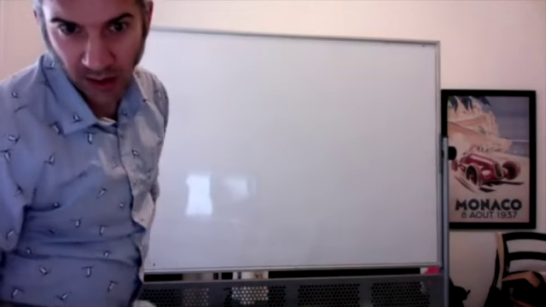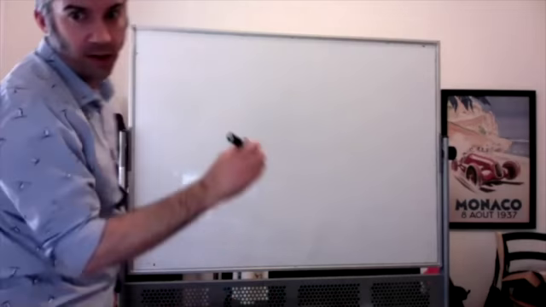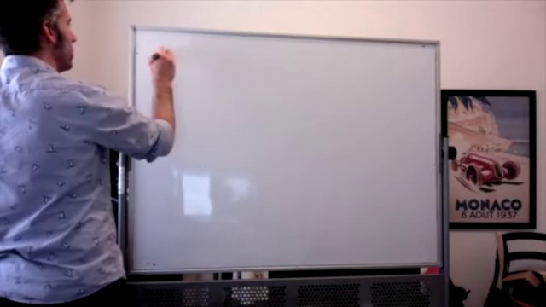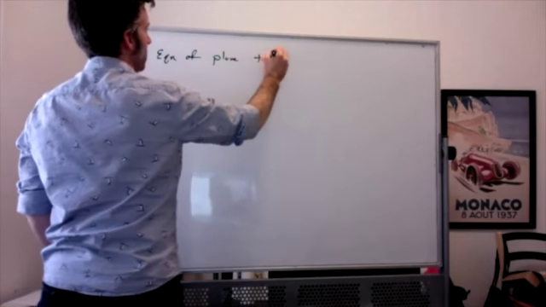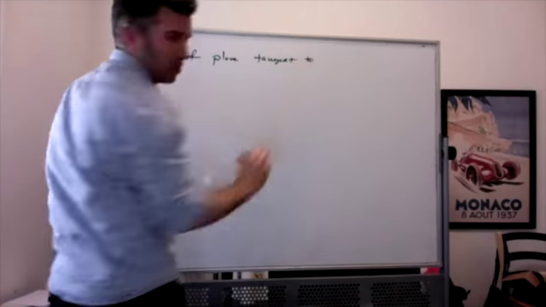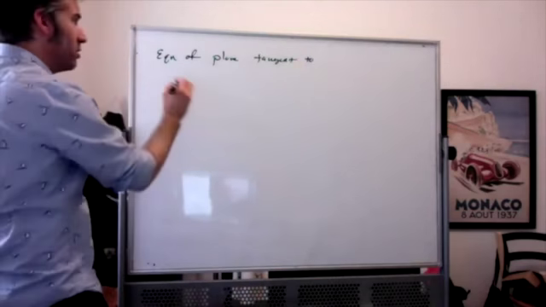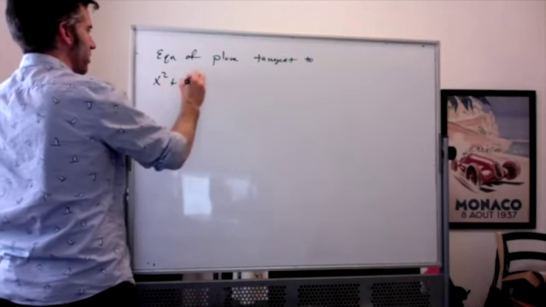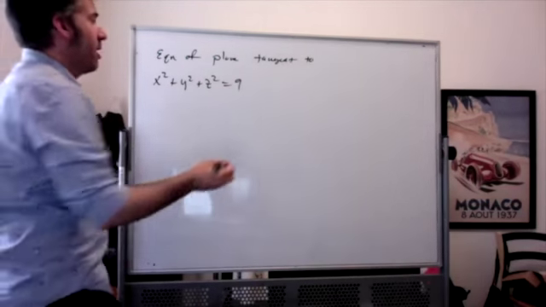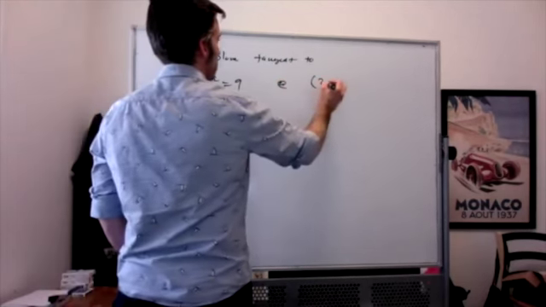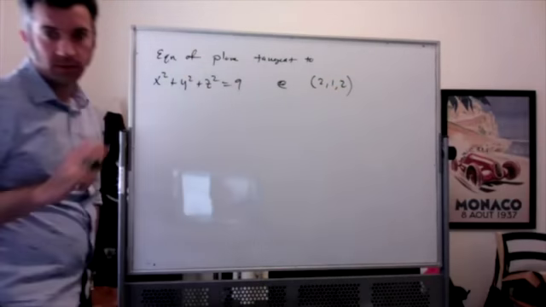That's all right. So let's look at this one. I want to find the equation of the plane tangent to, what do we got here? The sphere, x squared plus y squared plus z squared equal to 9, which is a sphere of radius 3, at the point 2, 1, 2.